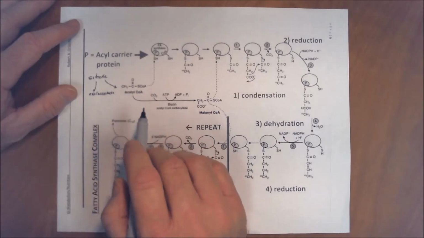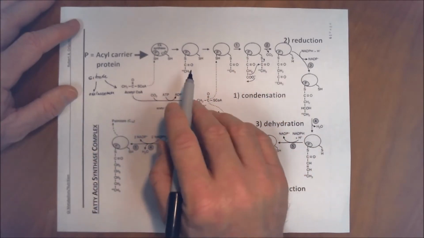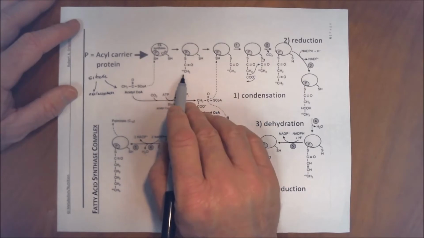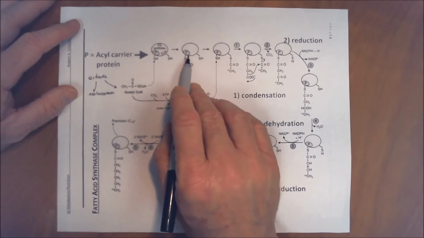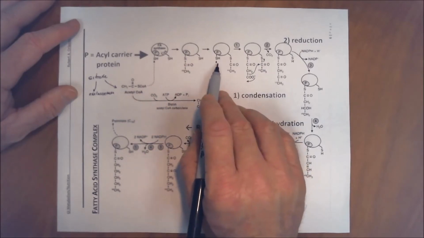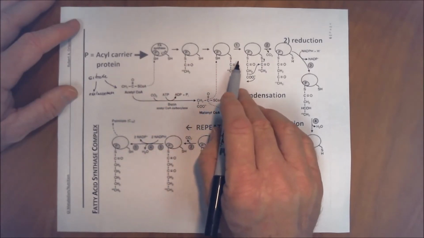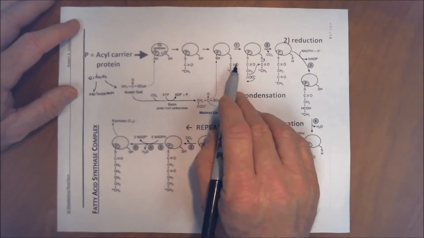The next step of the reaction is to shift the acetyl group that has now been attached to the fatty acyl synthase enzyme over to the next site, also maintaining a thiol linkage.